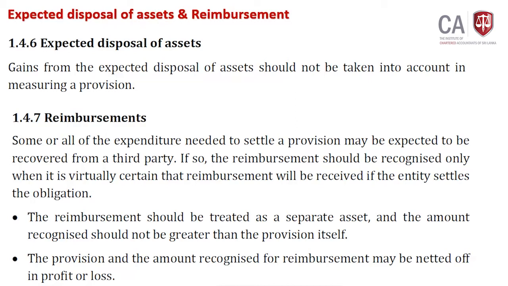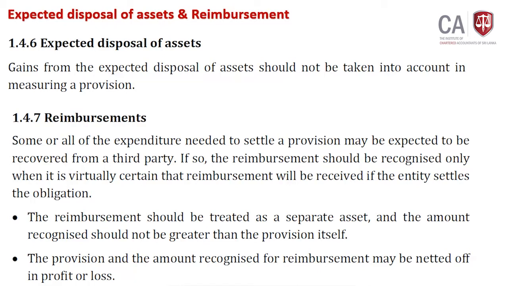The receivable maximum should be limited to what? Provision amount. Then that amount recognized for reimbursement may be netted off in the profit and loss account. Provision amount and the reimbursement amount.